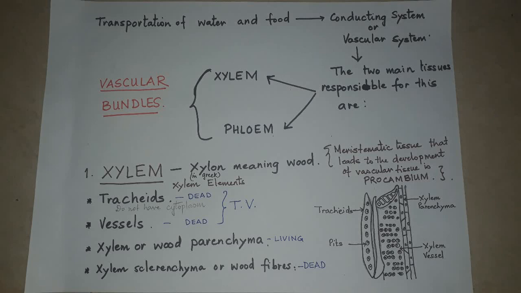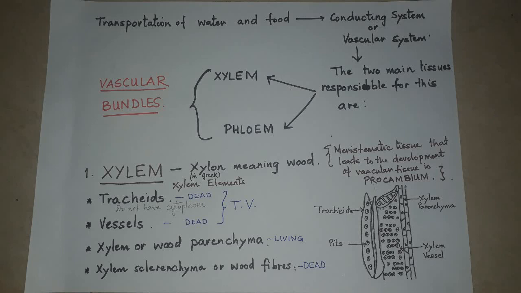Now, what does xylem mean? In Greek, xylon means wood. This is the origin of the word xylem. Now, xylem elements are 4 in number. Number 1, tracheids. Number 2, vessels. Number 3, xylem or wood parenchyma.